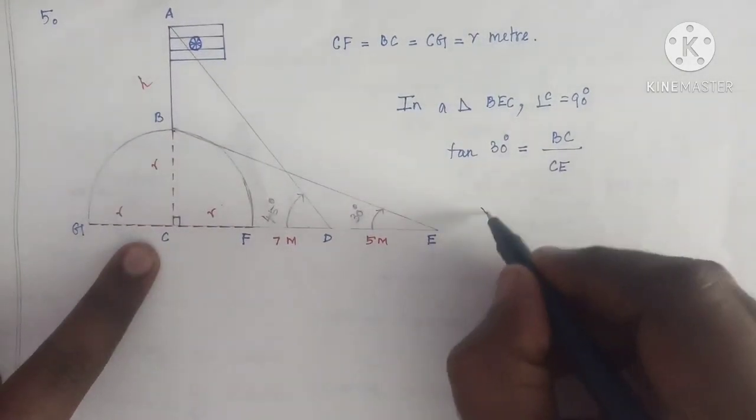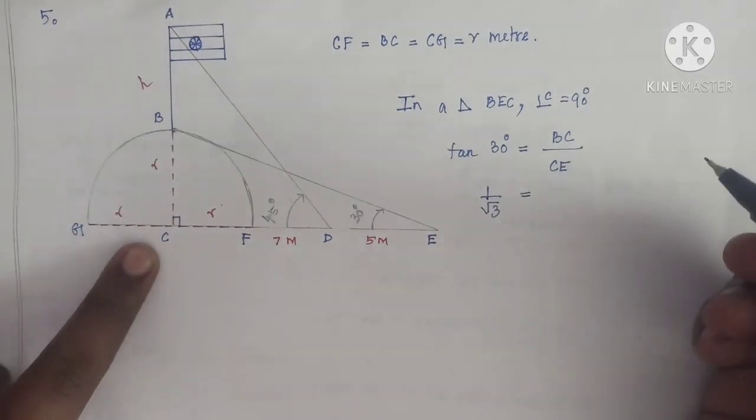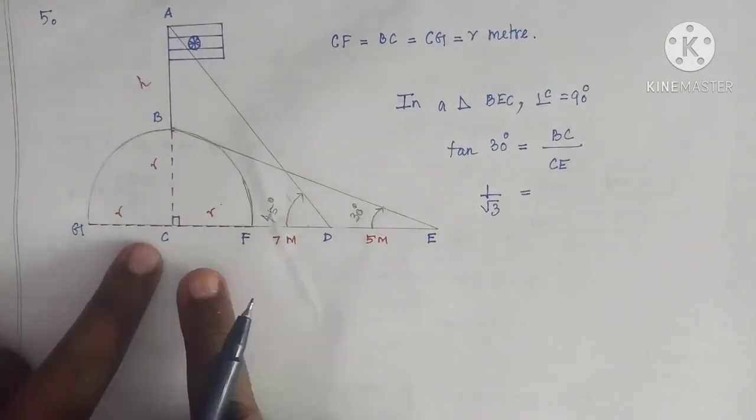Tan 30 value you know very well, that is 1 by root 3 is equal to this BC, actually R, divided by CE.